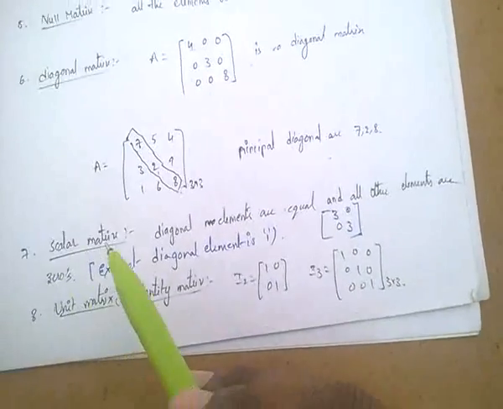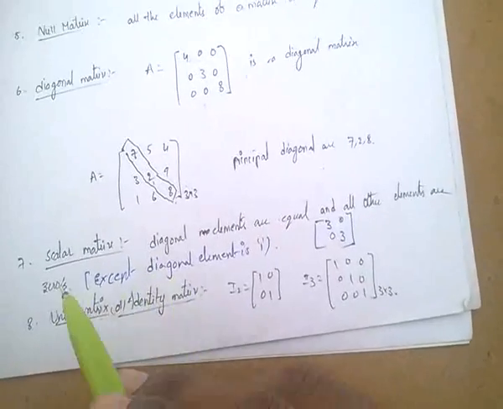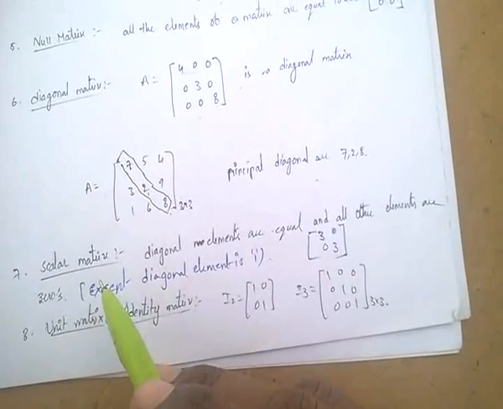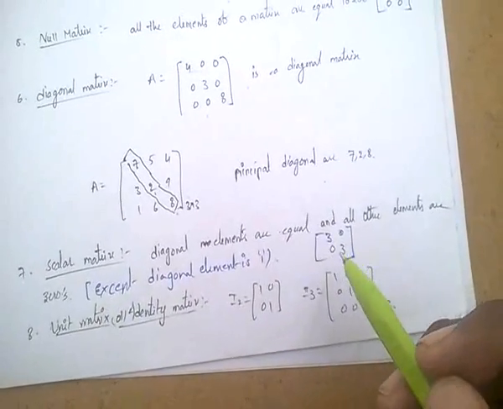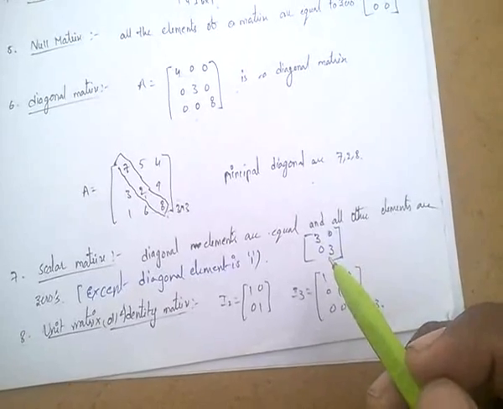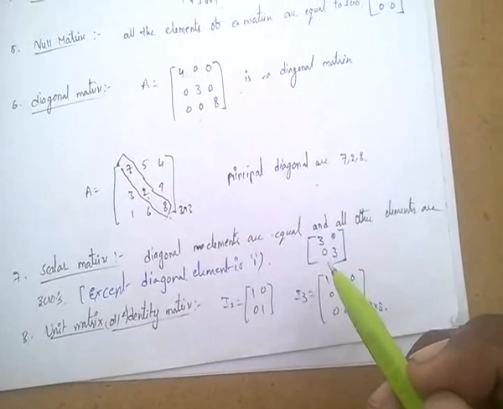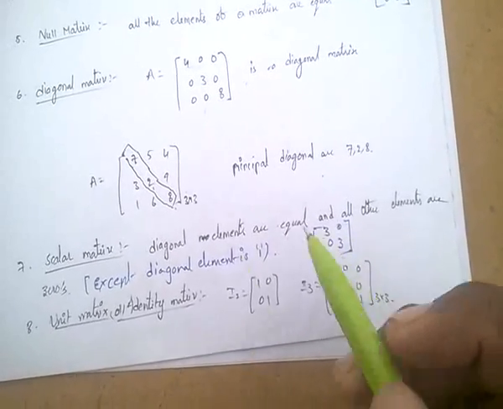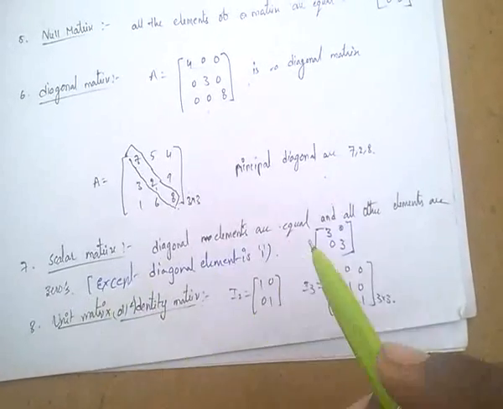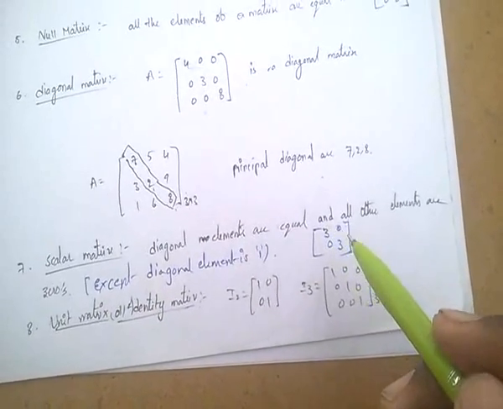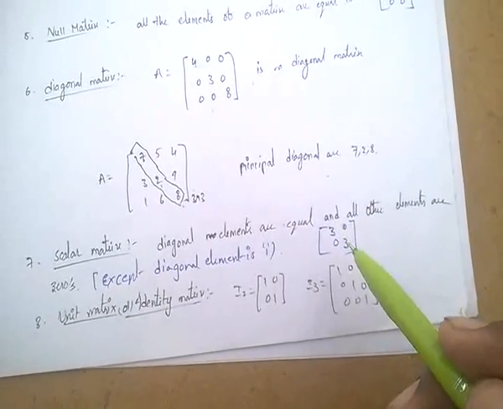Okay. Next, scalar matrix. What is a scalar matrix? All the diagonal elements are equal, and the remaining elements are 0, then it is called a scalar matrix. But the exception is that the diagonal element is not equal to 1.